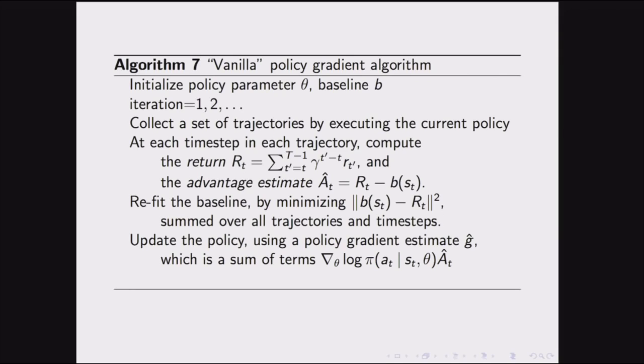And at each time step in each trajectory, you compute the return, meaning the sum of discounted rewards following that time step, and the advantage estimate, which is the sum of discounted rewards minus the baseline. Then you refit the baseline by trying to make the baseline function equal the returns. And then you update the policy using a policy gradient estimator. So you're just doing SGD while updating the baseline as you go along.